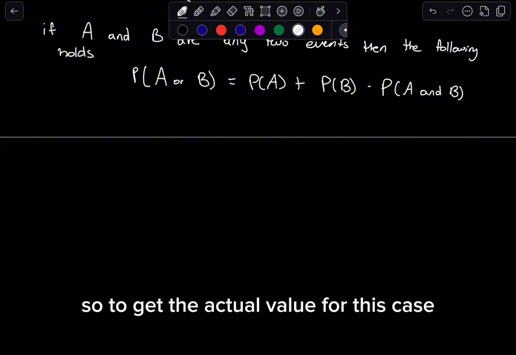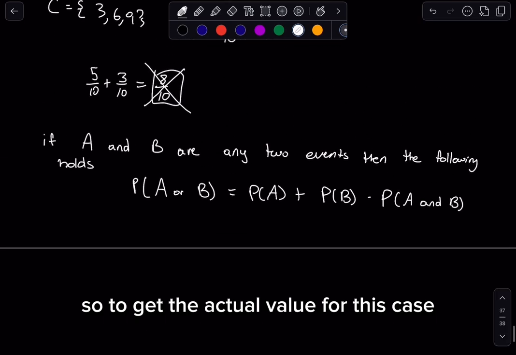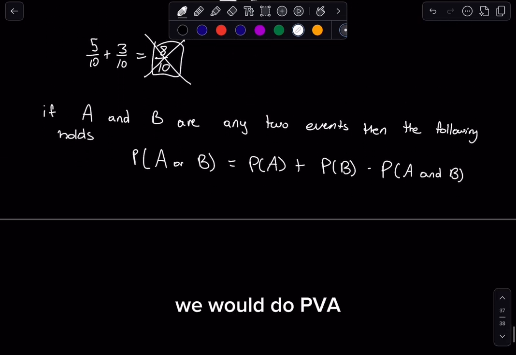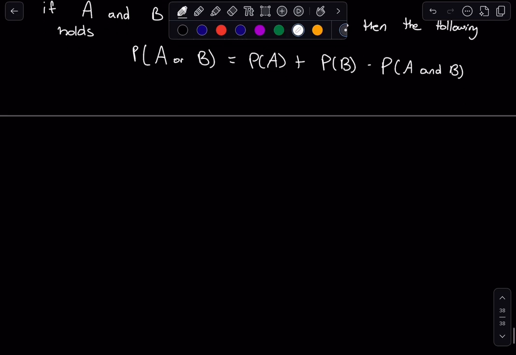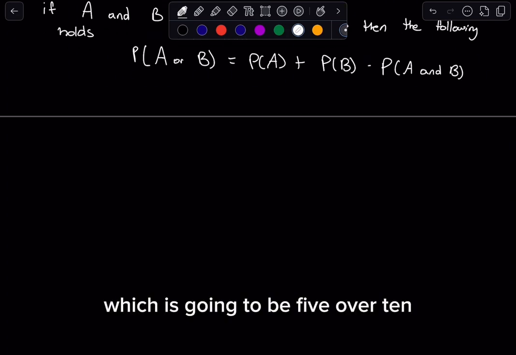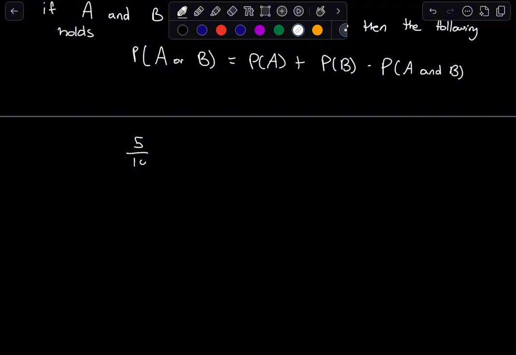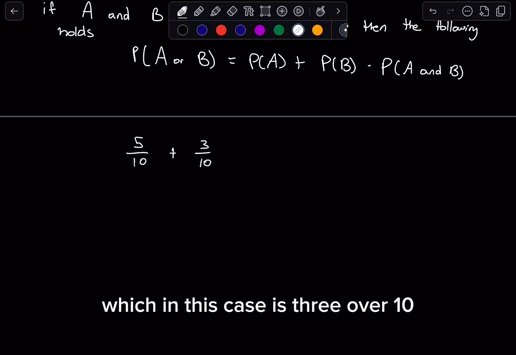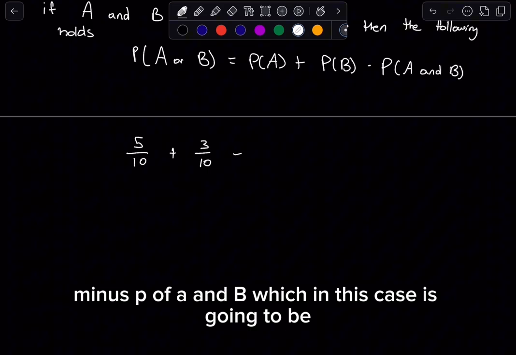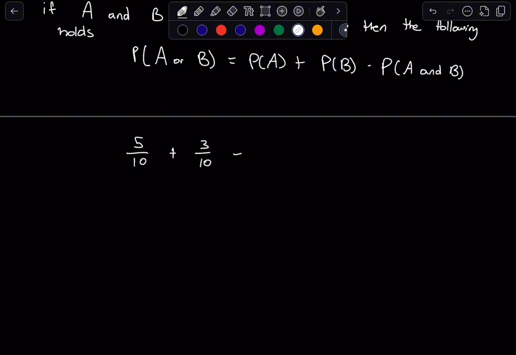So to get the actual value for this case, we would do P of A, which is going to be 5 over 10, because we're looking for numbers that are odd, plus any multiples of 3, which in this case is 3 over 10, minus P of A and B, which in this case is going to be 2 over 10.